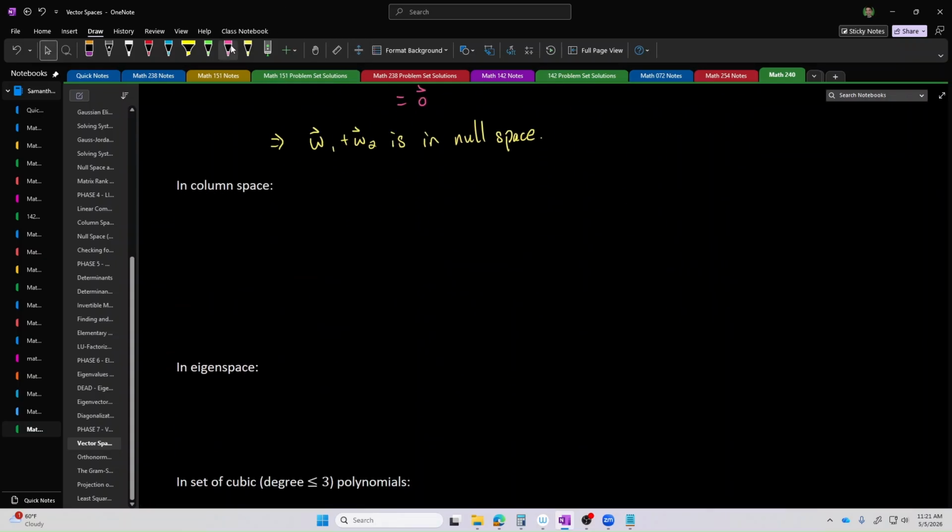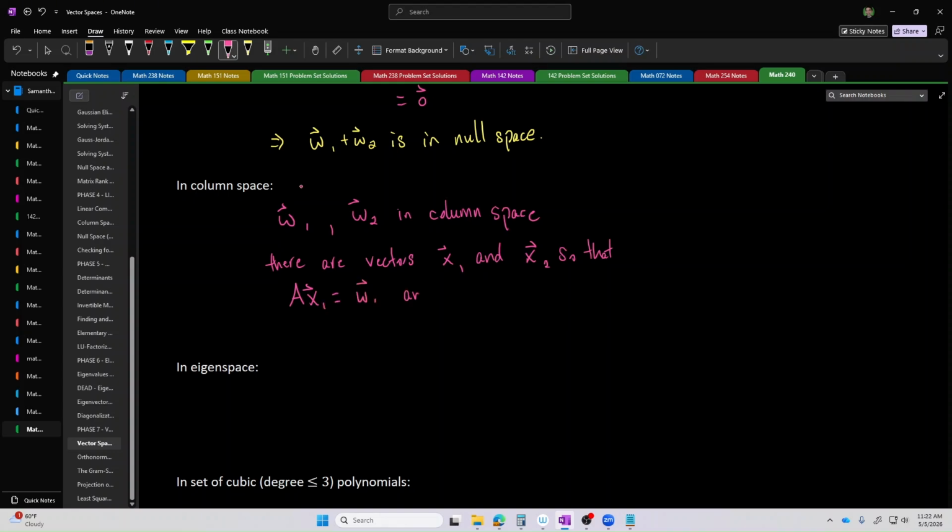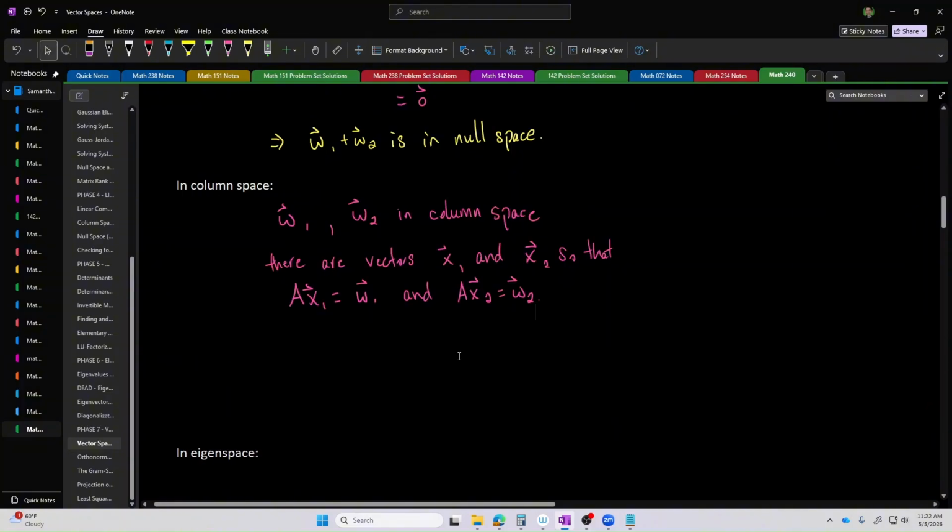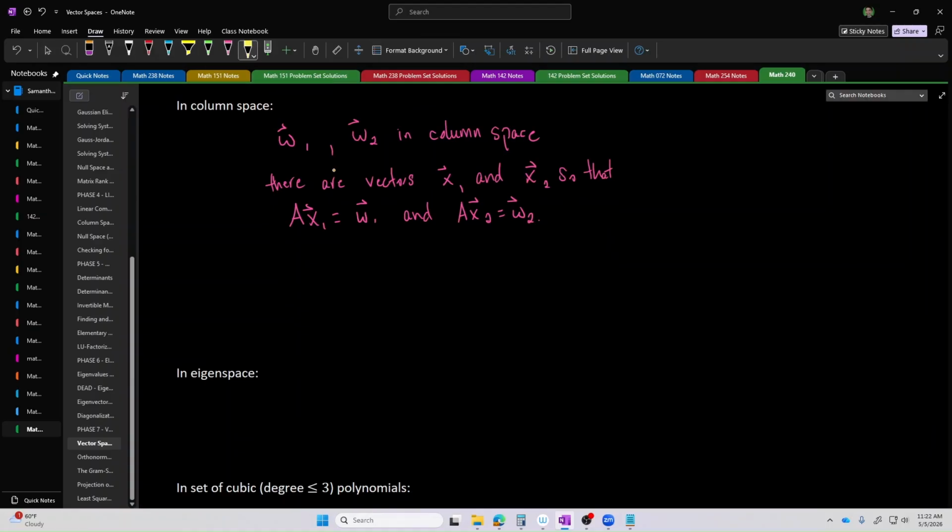Column space. If I start with two elements in the column space, w1 and w2, then there are vectors, call them x1 and x2, so that Ax1 produces w1 and Ax2 produces w2. If w1 and w2 are in the column space, then that means it's possible to produce those vectors as outputs from my matrix.